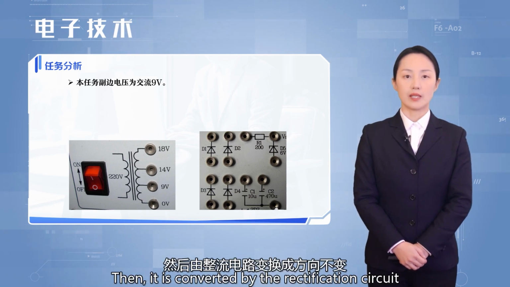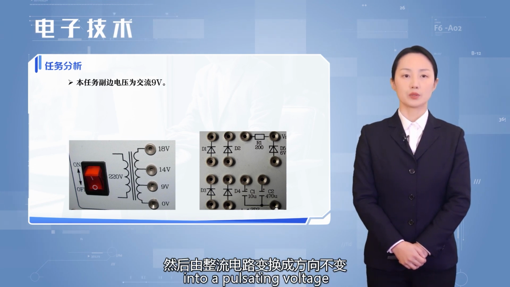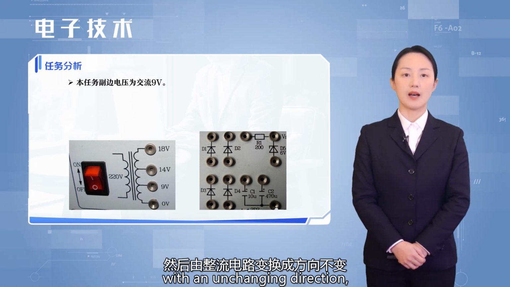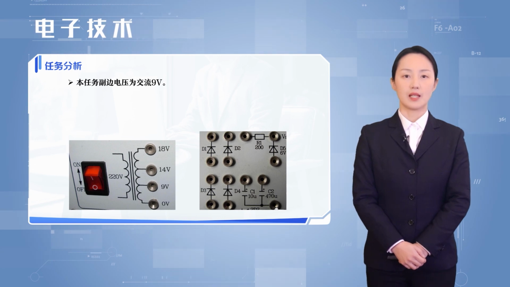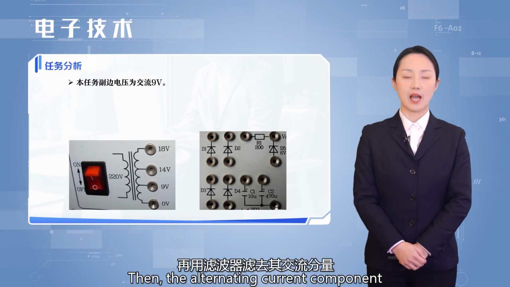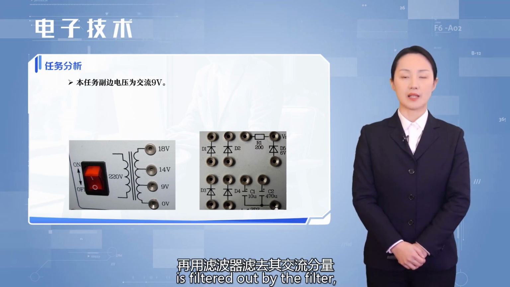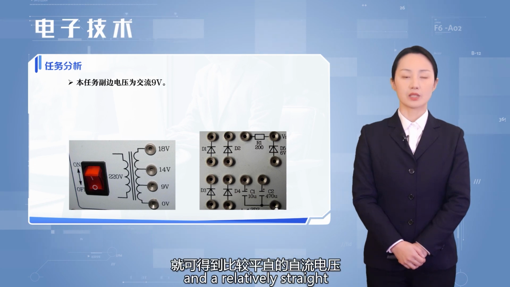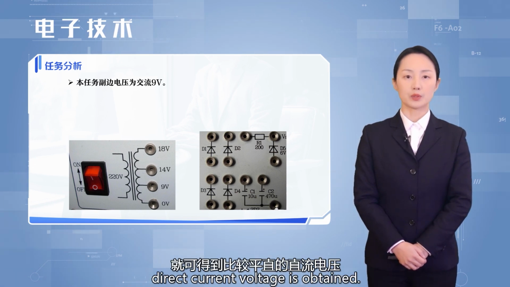Then, it is converted by the rectification circuit into a pulsating voltage with an unchanging direction, whose magnitude varies over time. Then, the alternating current component is filtered out by the filter, and a relatively straight direct current voltage is obtained.